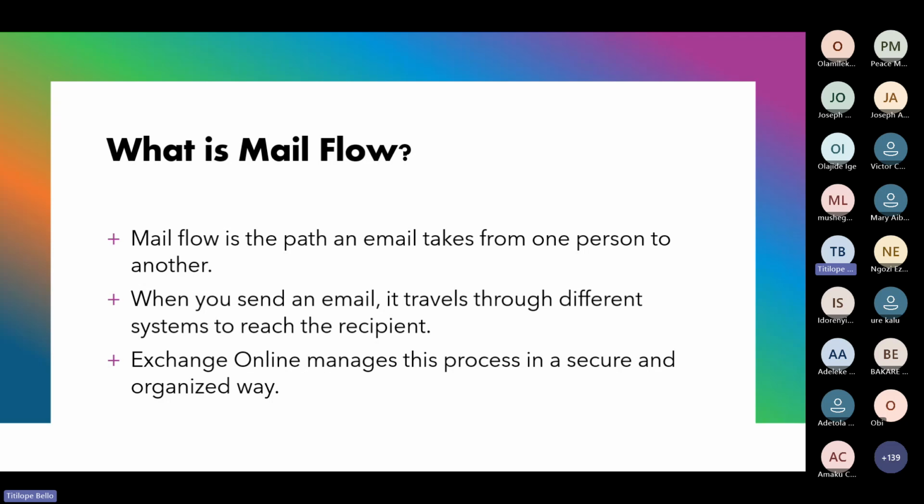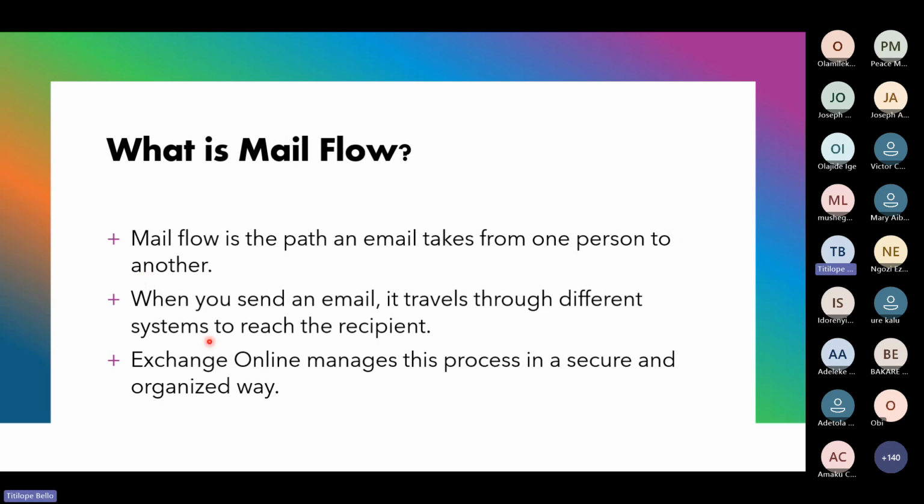So Mailflow is just a fancy way of saying how email moves, right? Imagine sending a letter in the mail, it goes through different steps before reaching the person you are sending it to. So Mailflow is laying down the path an email takes to get to or from one person to another.